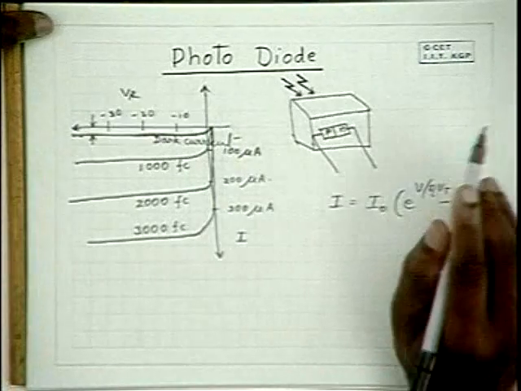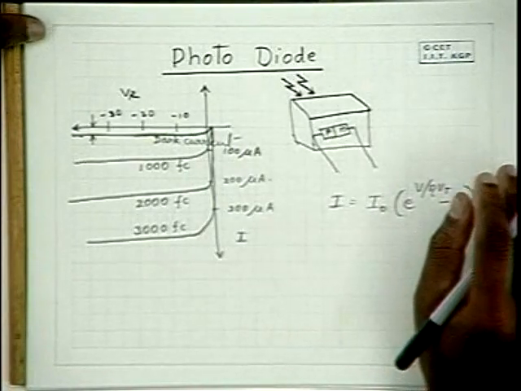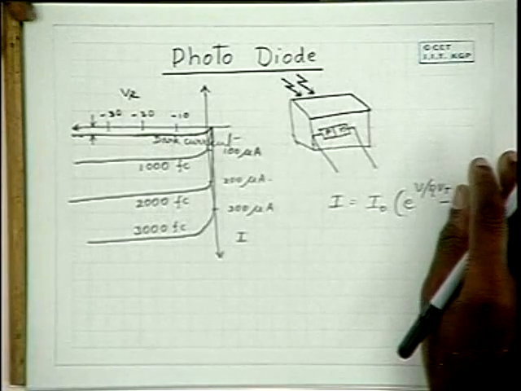When light impinges on a p-n junction, the hole-electron pair concentration increases because of the additional energy being supplied. The light energy is passed to the electrons, and more electrons go out of the valence band, as a result of which hole-electron pairs are generated.